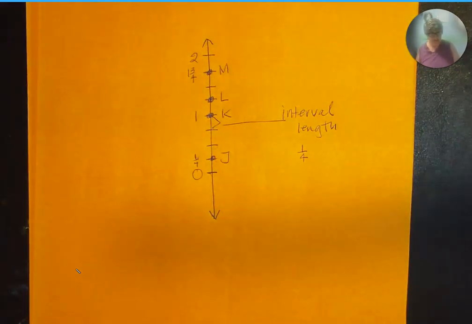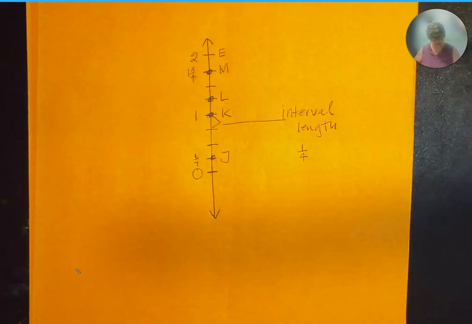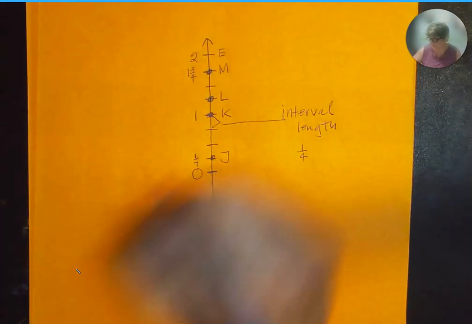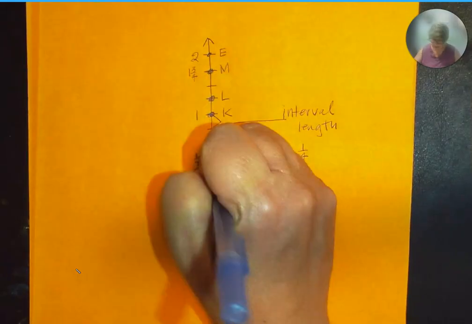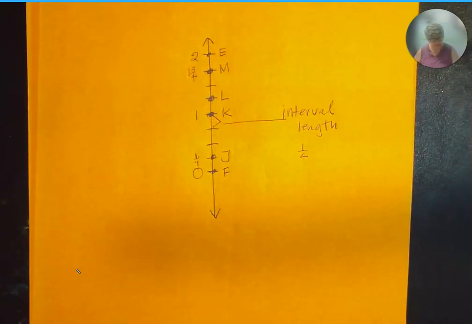Okay, let's find point E. So its distance from 0 is 2 units. Yep, point E would be right there. Point F at 0. Sorry, I forgot to add my points on there. And point G, that has the coordinate of 1.5.